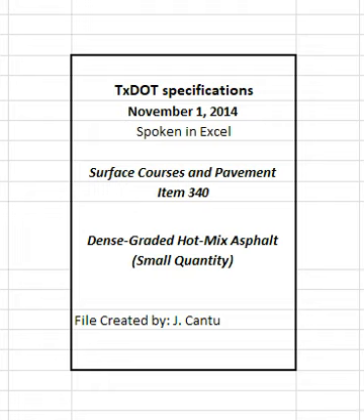6. Payment. The work performed and materials furnished in accordance with this item and measured as provided under Article 340.5, Measurement, will be paid for at the unit bid price for Dense Graded Hot Mix Asphalt, SQ, of the mixture type, sack, and binder specified.